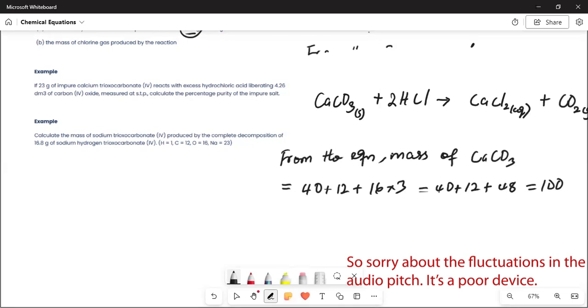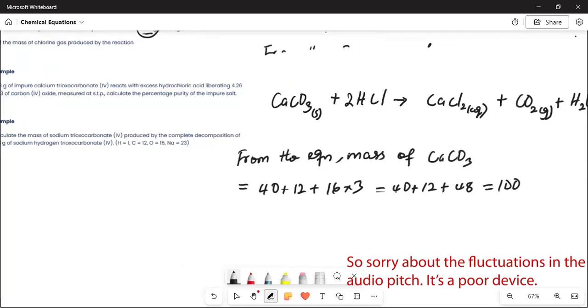Let's first of all get the mass of carbon(IV) oxide. Since from the balanced equation, 1 mole of calcium carbonate produces 1 mole of carbon(IV) oxide, and 1 mole of carbon(IV) oxide has a volume of 22.4 dm3.